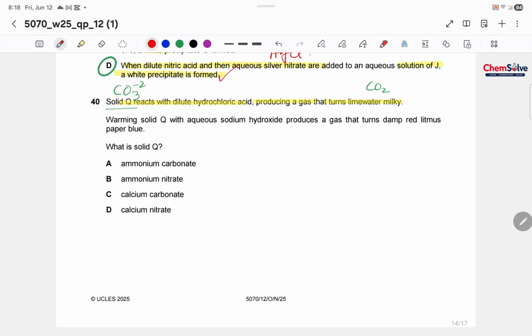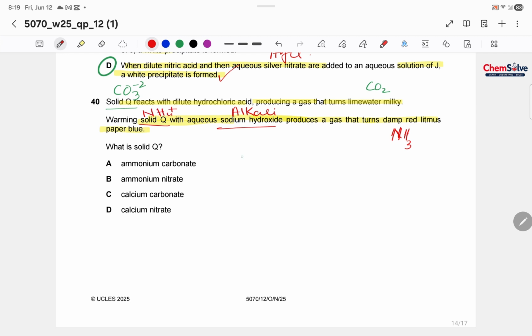Warming solid Q with aqueous sodium hydroxide produces a gas that turns damp red litmus paper blue. This gas is ammonia for sure. And if solid Q produces ammonia when it reacts with an alkali, then it must contain ammonium ions.